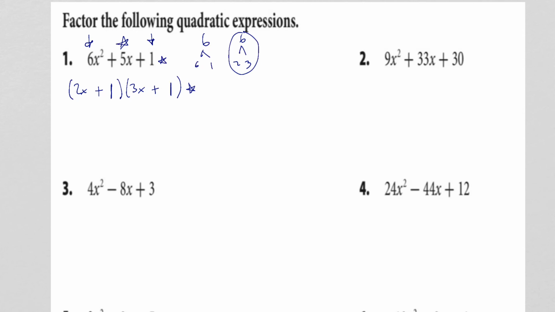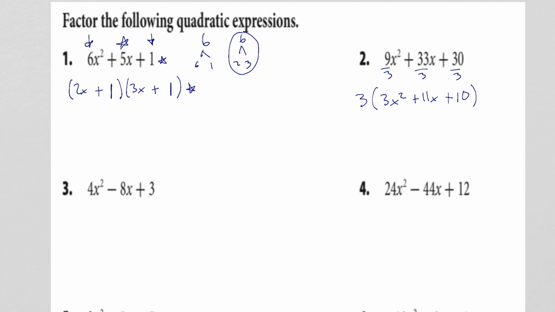So let's try another one. In number 2, 9, 33, and 30, these are all factorable by, I can pull out a 3. Divide by 3. So when I pull out the 3, I'm going to be left with 3x squared plus 11x plus 10.